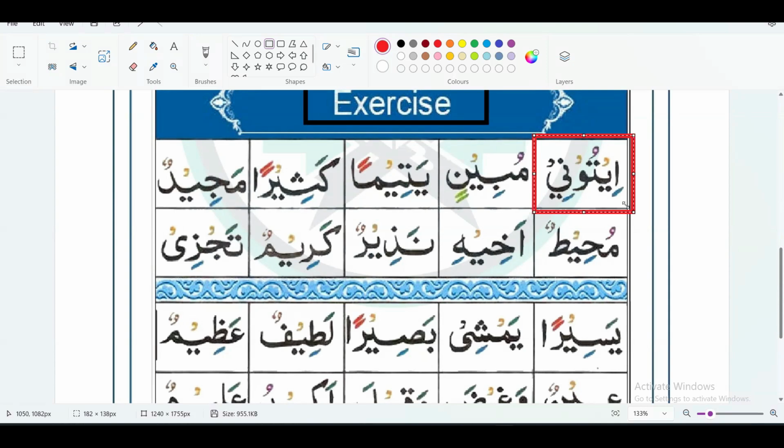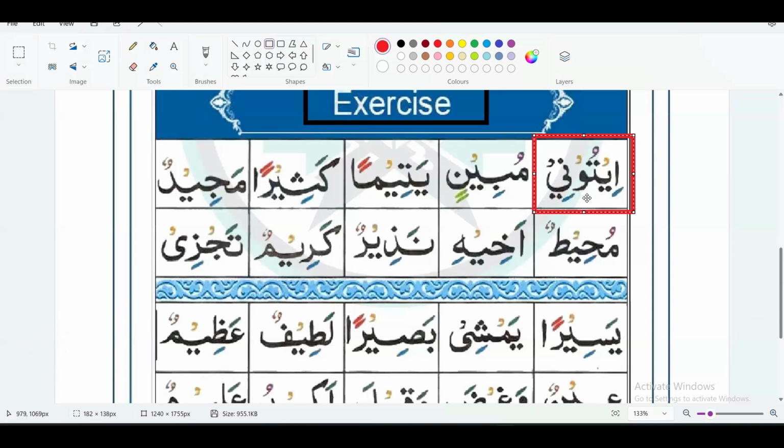And what about the second one? Is it ya madda too, or not? Can you please talk louder? I'm talking about the last letter ya. There are two yas in this word, right? So tell me about both yas.